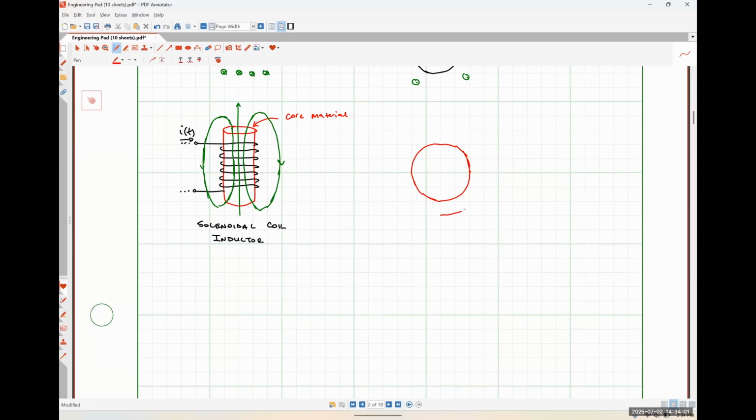And then I'm going to attempt to draw a concentric circle around it, like so. Much like we did with the solenoidal coil inductor, we're going to wrap a wire around this donut. That should look something like this.